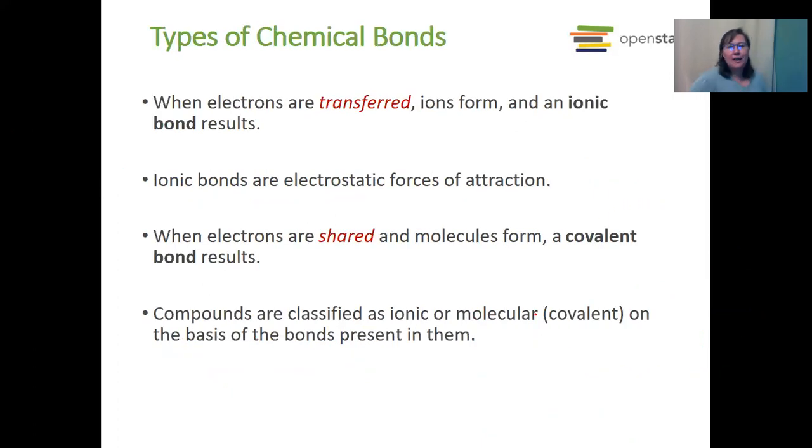When electrons are transferred, ions form and an ionic bond results. Ionic bonds are electrostatic forces of attraction. When electrons are shared, molecules form and a covalent bond results. Compounds are either ionic or molecular, covalent.